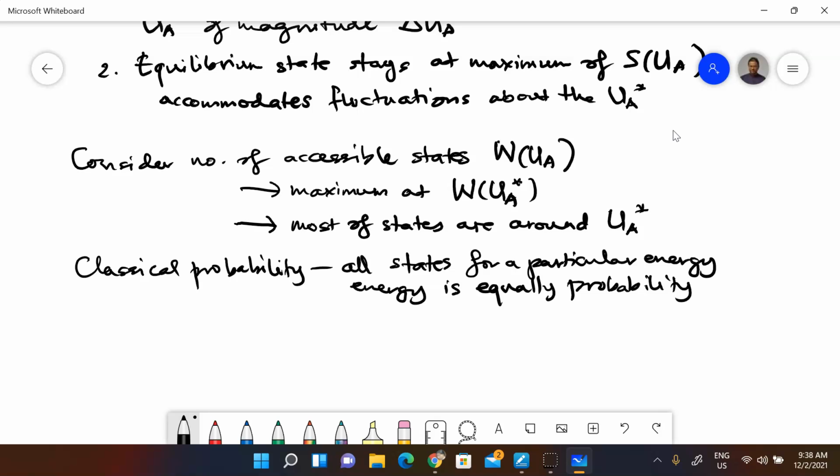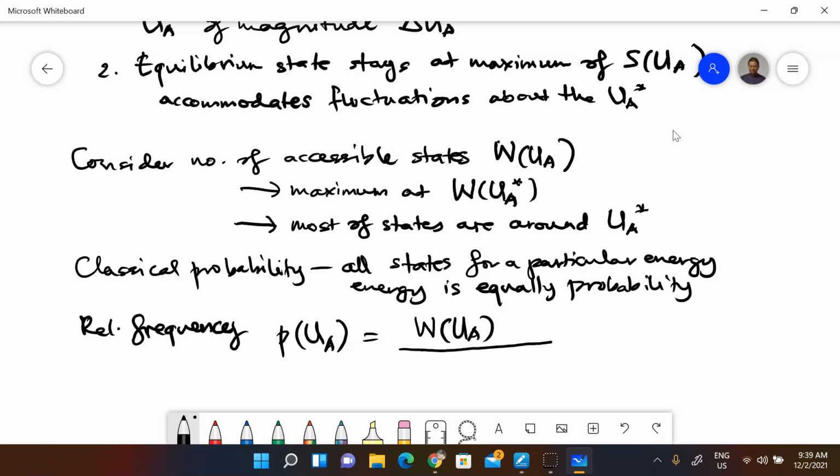So that means we need a kind of relative frequency idea here, because you have this possibility of having different energies. So in other words, the probability of UA will be the number of UA states divided by all the possible energy states for the system.